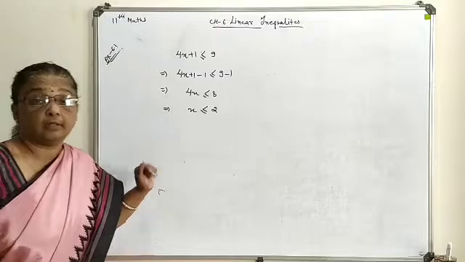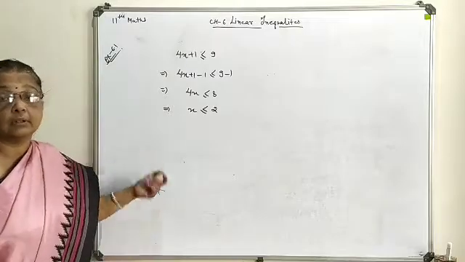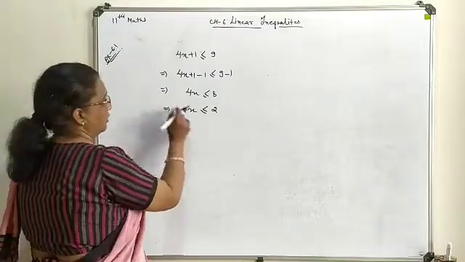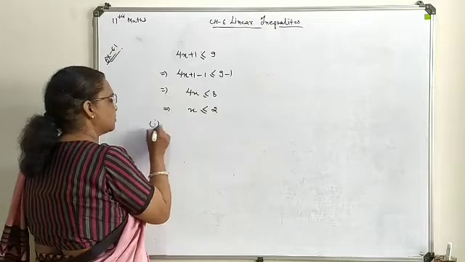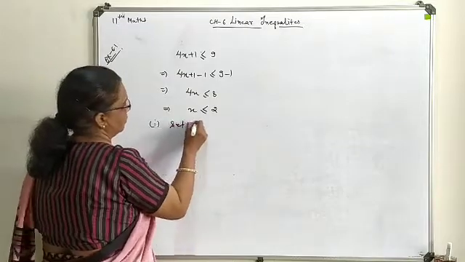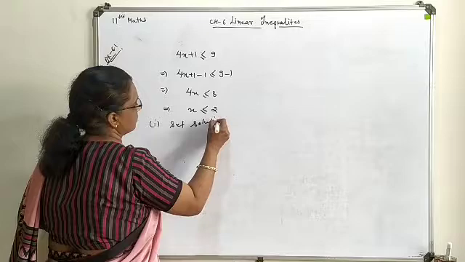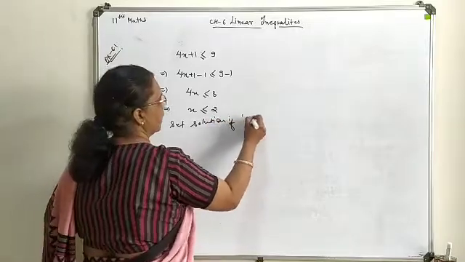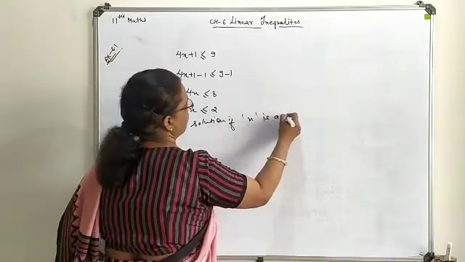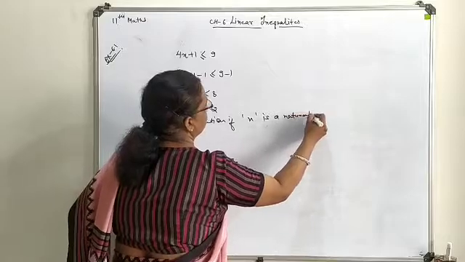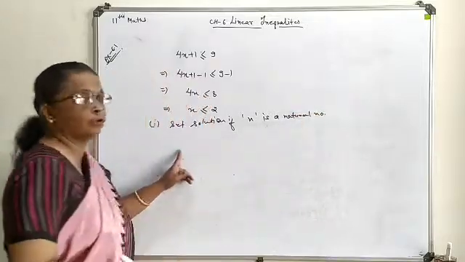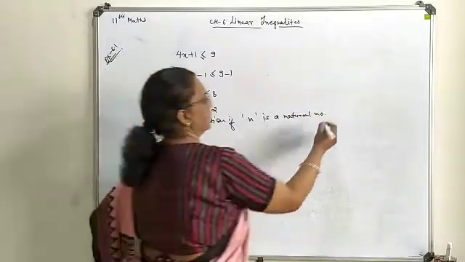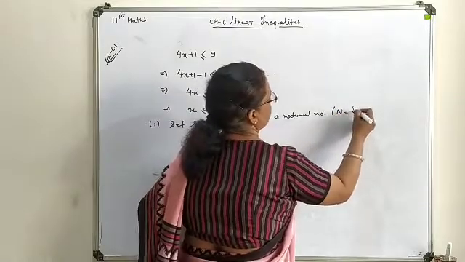So let's try to understand how it differs in both the solution types. So here we write first solution, means set solution if x is a natural number. So when you are talking about the natural numbers, they contain these many elements.